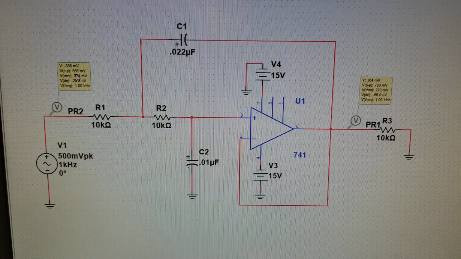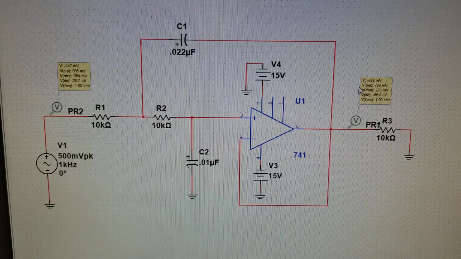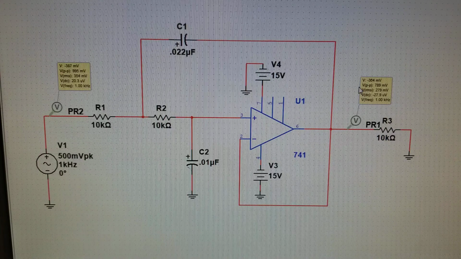We see that our input voltage is still at 1 volt and our output voltage has dropped to 789 millivolts. Make sure you calculate out your voltage gain and your decibels. When you calculated it for your decibel gain, you probably ended up with a negative number. That's telling you that instead of having a gain, you're actually having a loss.